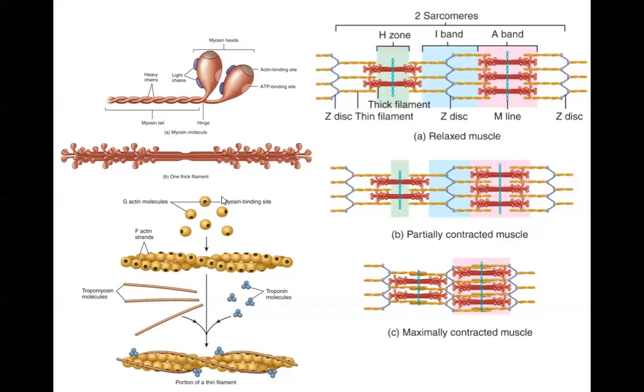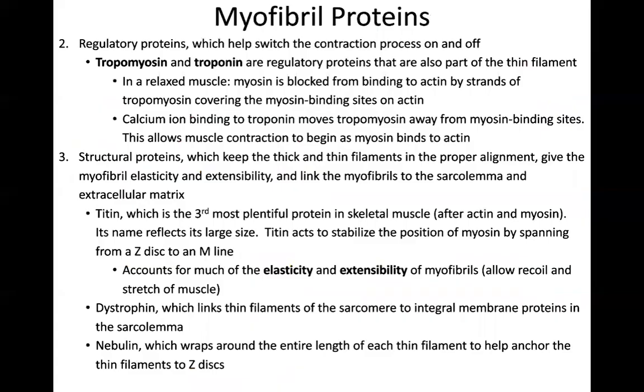When stranded together, they form a two-stranded helix, which is the F-actin, where we can see all those myosin binding sites in the same position, where the myosin head can grab and hold on and eventually pull on the actin, thus pulling the thin filament towards the M line. Okay.